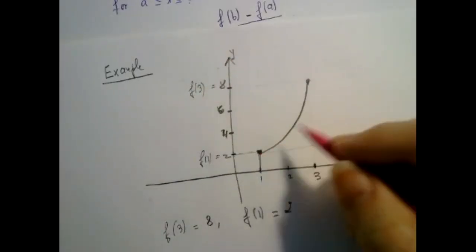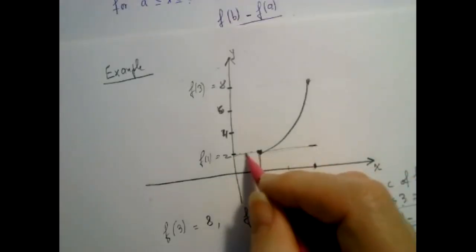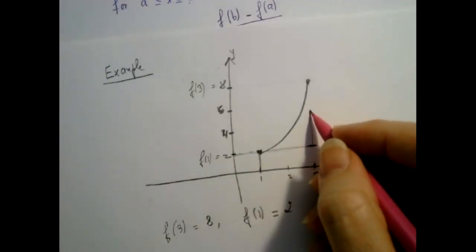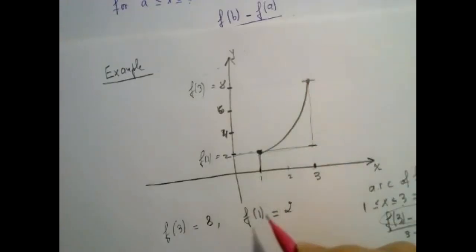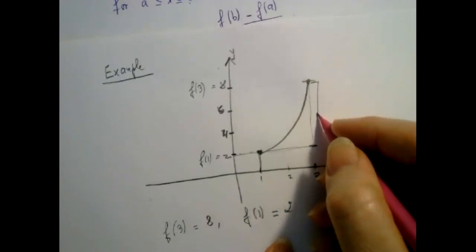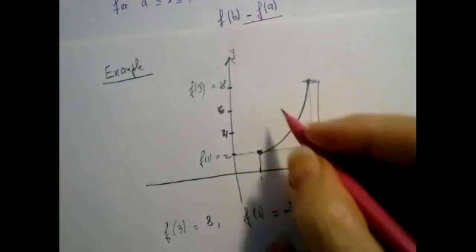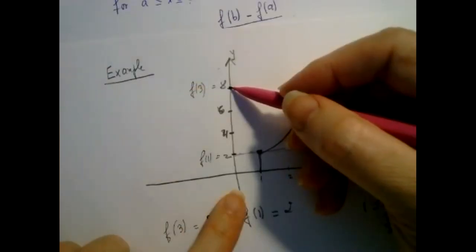When x changed from 1 to 3, the output was at 2 right there, and then the output at 3 is at 8. So f of 3 minus f of 1 tells me how much my output changed between 1 and 3.